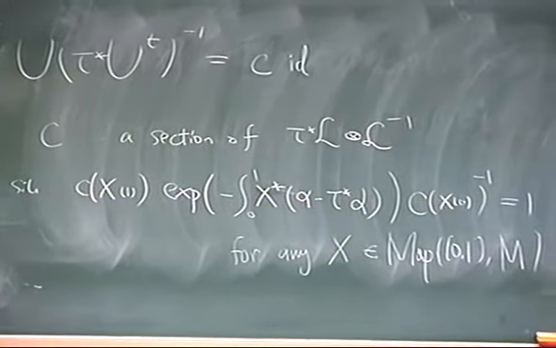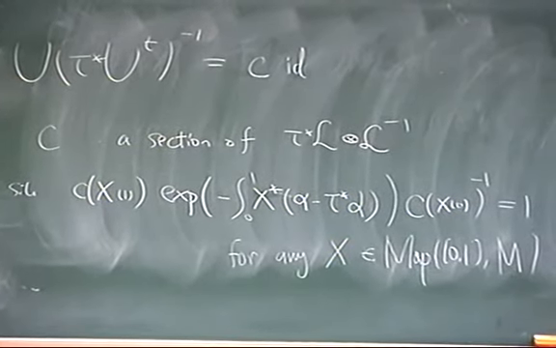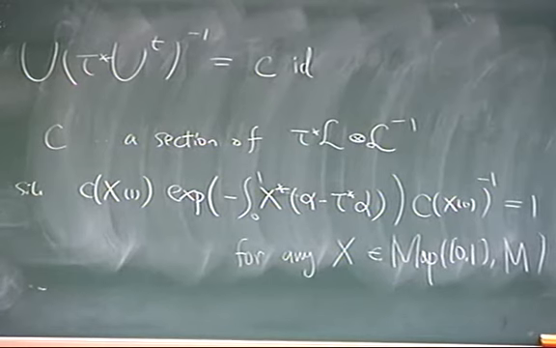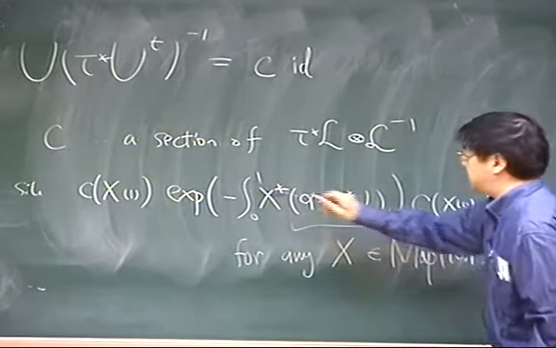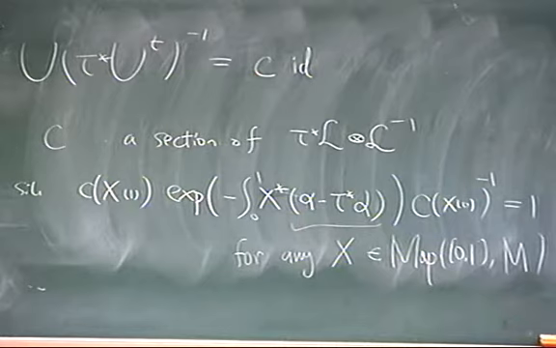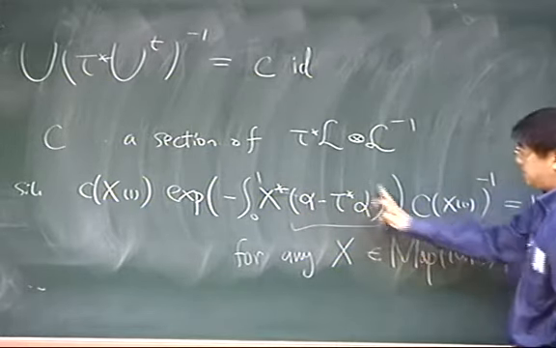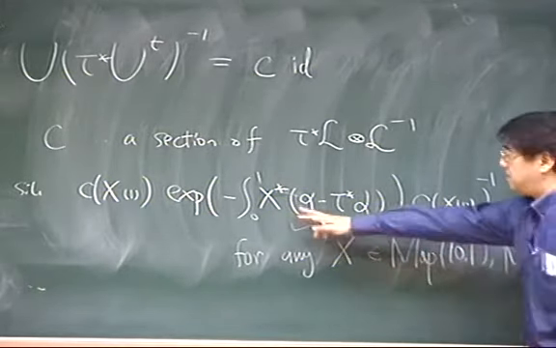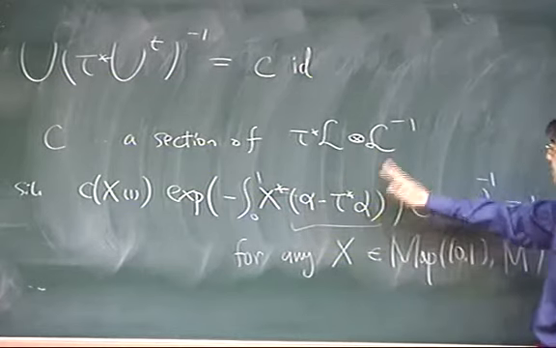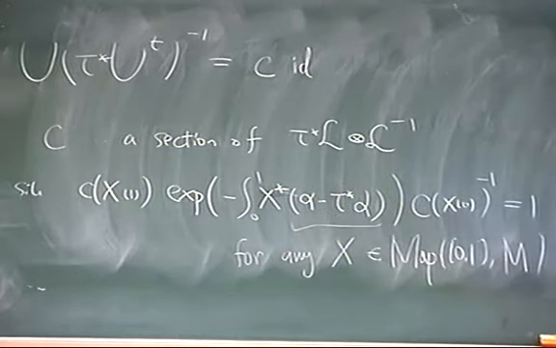So this condition means that C is actually a parallel section of a connection with respect to the inverse of this line bundle, with respect to this connection.